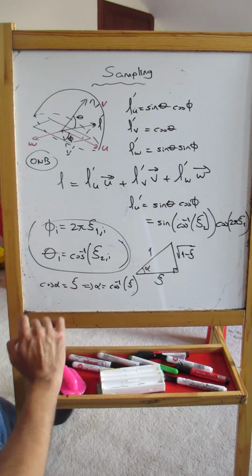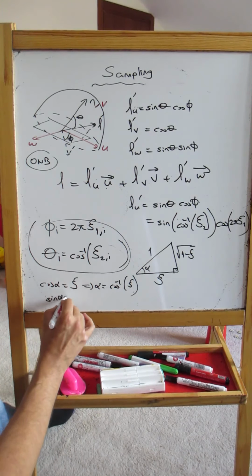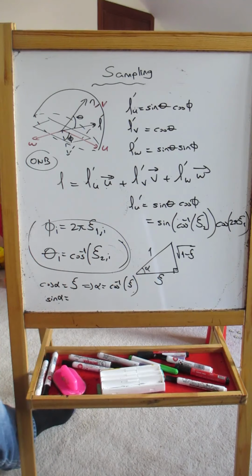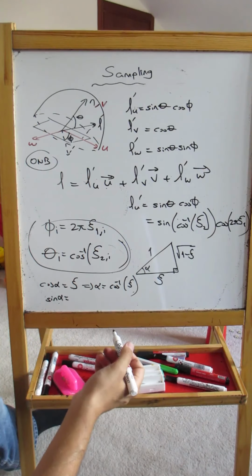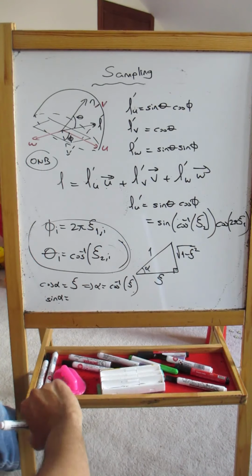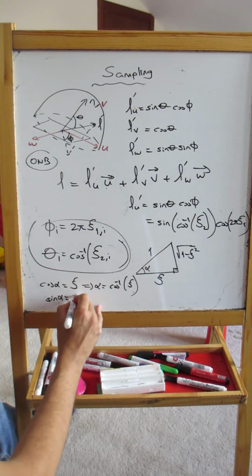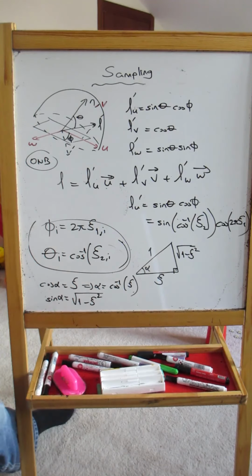What is sin alpha? I'm sorry, here I made a mistake. Sin alpha is equal to the square root of 1 minus psi squared.